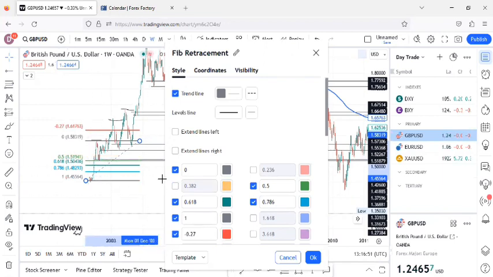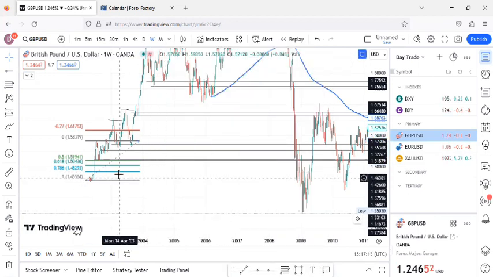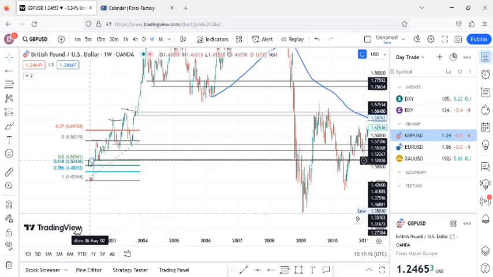So the levels I use are 0.618, 0.786, then 0.5. 0.5 means 50%, 78.6%, 61.8%. Those are the levels that I use, and those are the ones you are seeing on my screen right now. This is 78.6, this is 61.8, and this is 50% or 0.5.